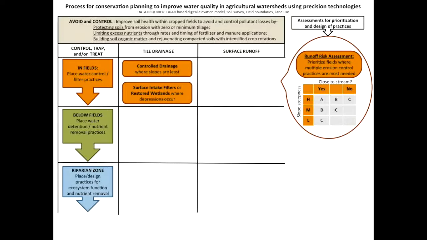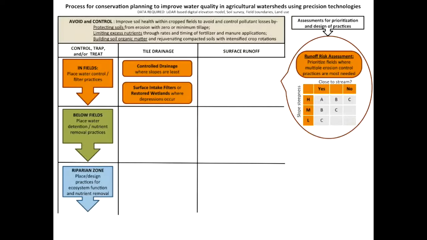Those fields that are closest to the stream and steepest would be prioritized for runoff control practices. It doesn't mean that other fields that are also steep shouldn't have those practices installed. It's just a way of looking at which fields should be treated with these practices to observe a response at the watershed outlet.